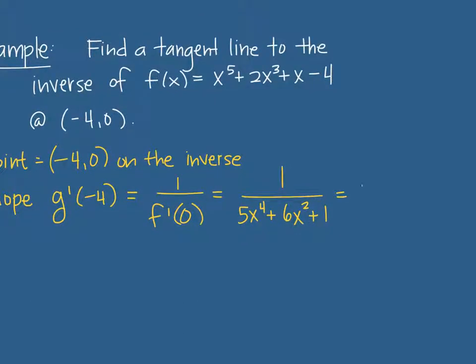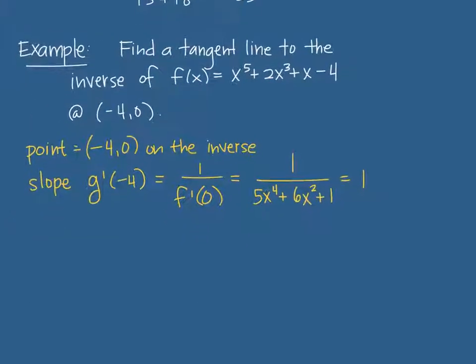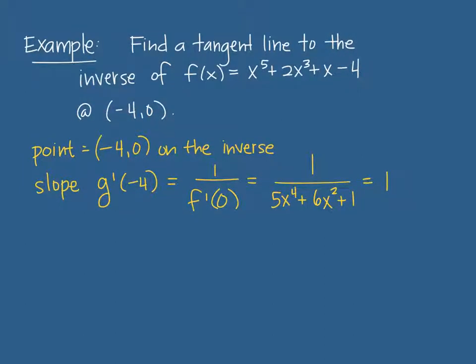If I plug 0 into that, I simply get 1. So my tangent line will be using the given point and the given slope. So y equals x plus 4 is the tangent line. It's not the tangent line to the original function, it's the tangent line to the inverse of the original function.